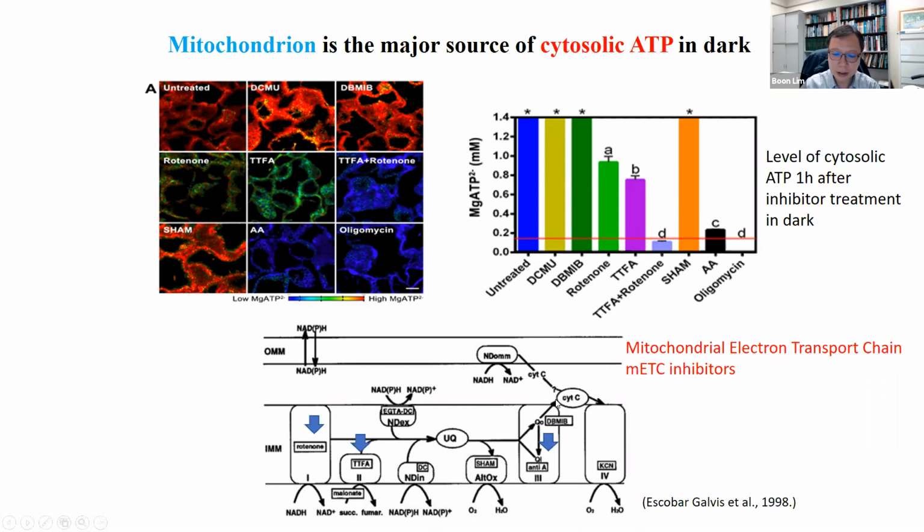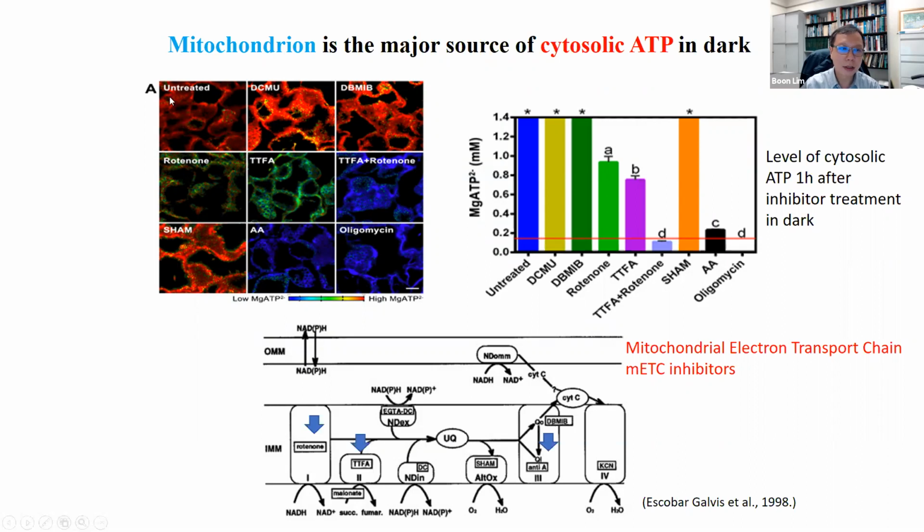And then at the end, it will drive proton translocation. And that proton translocation can drive ATP synthesis in the mitochondria. And complex 2 also can generate electrons. And then complex 1 and complex 2 can be inhibited by rotenone and TTFA respectively.